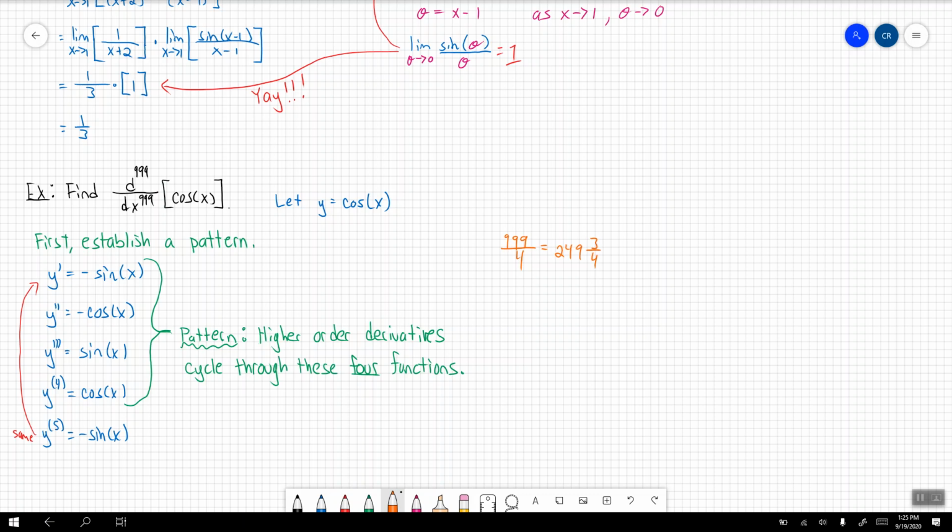Well, which remainder then occurs? The first one is remainder 1. Let's just go here: remainder 1, remainder 2, remainder 3, and then no remainder.